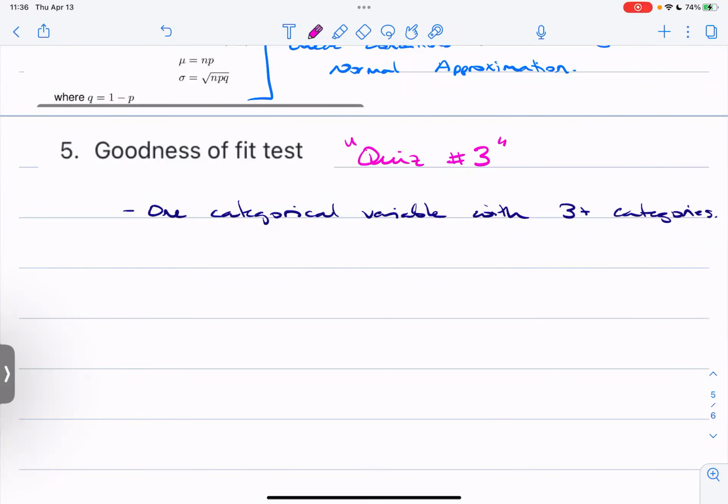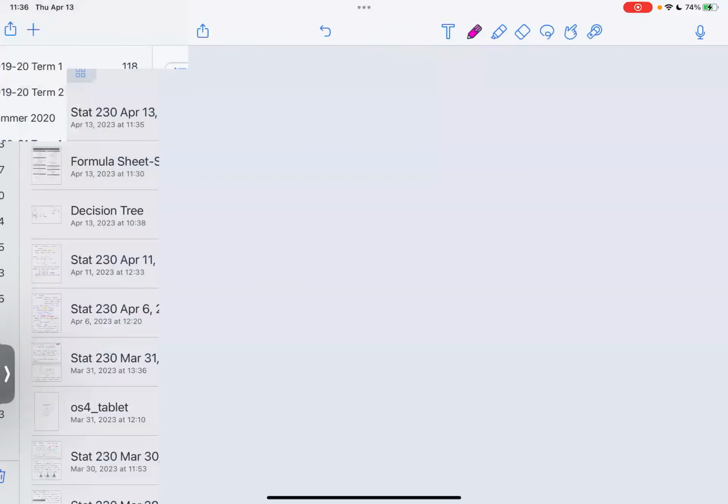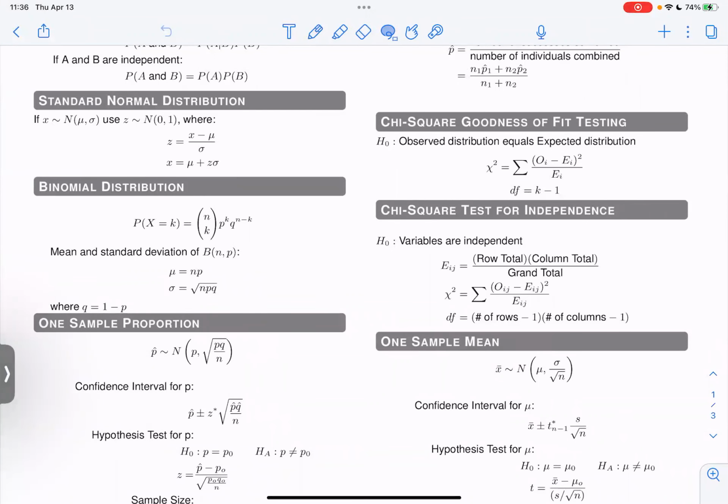So the goodness of fit test, on your formula sheet, it's this one, whereas on, I think, quiz 3, I feel like I got you to do this one. Oh, is that the one you got to pick? How nice of me.